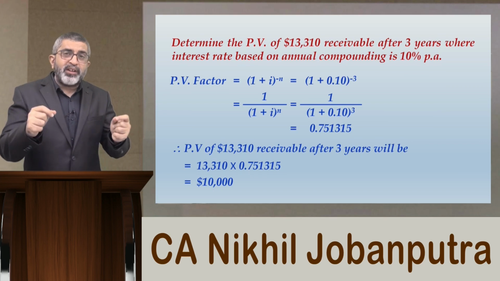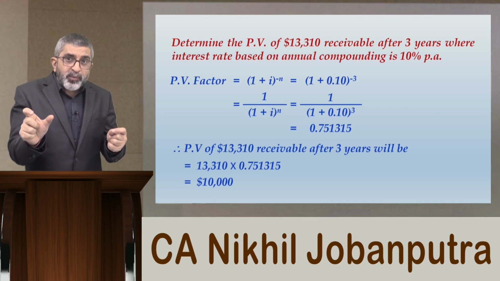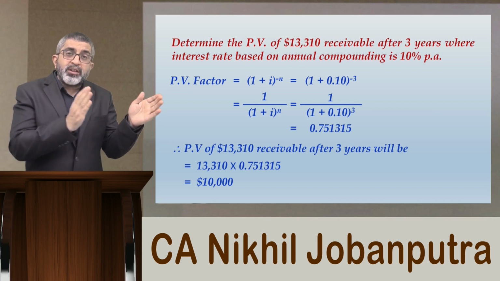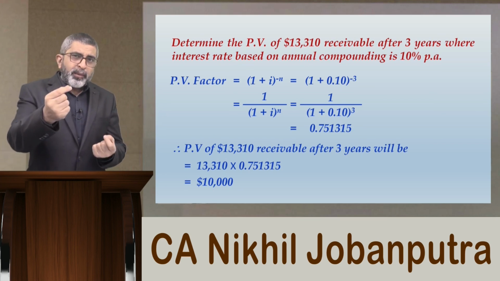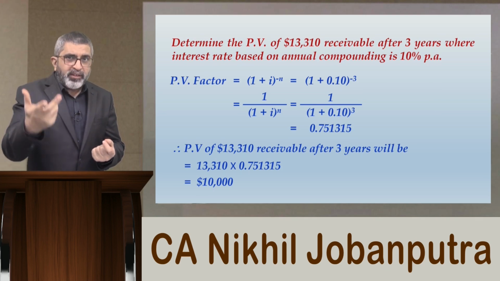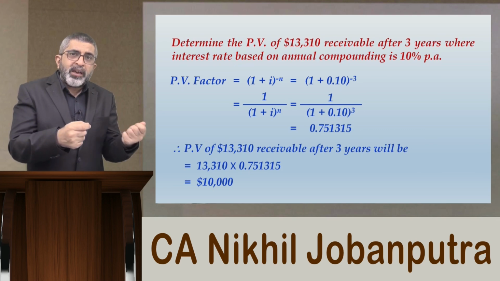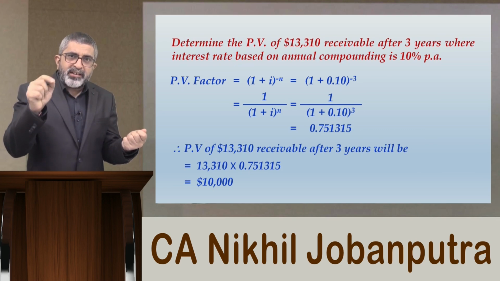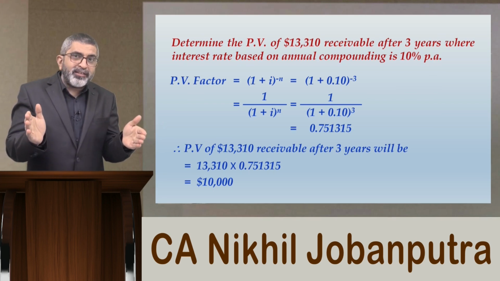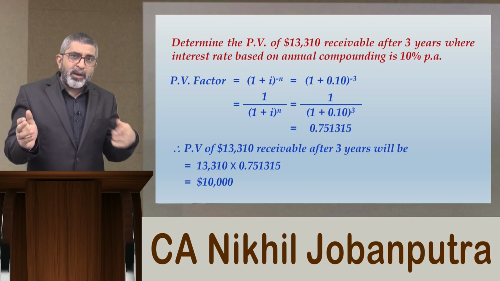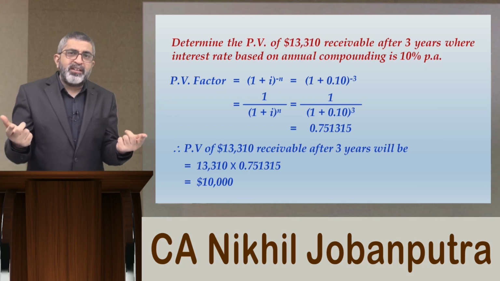because I would say, as per this example, today's $10,000 is equivalent to $13,310 which you would receive after 3 years. So if someone is giving you a choice that either you pick $10,000 today or you pick $13,310 after 3 years, if interest rate is 10% per annum on annual compounding basis, you would not make any difference, you pick any of these choices.